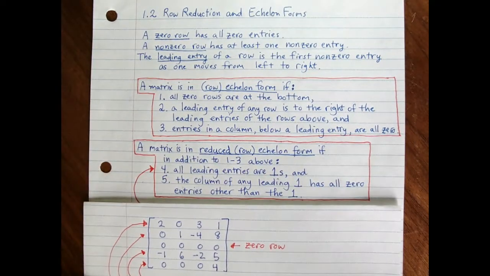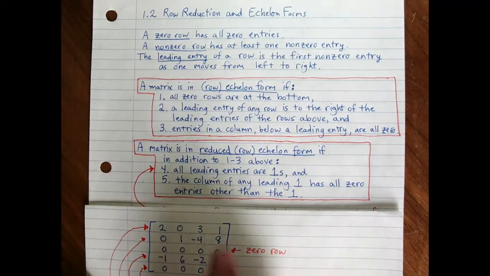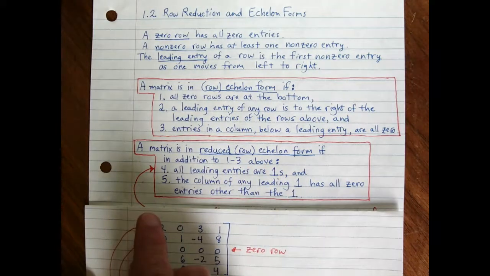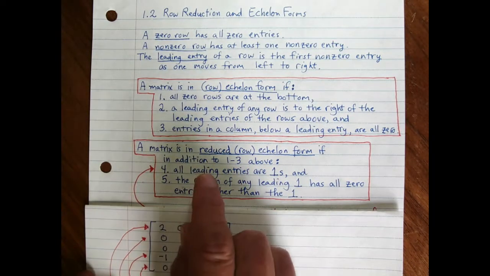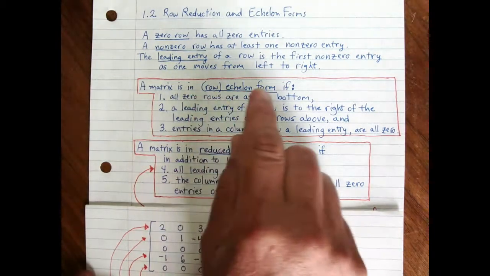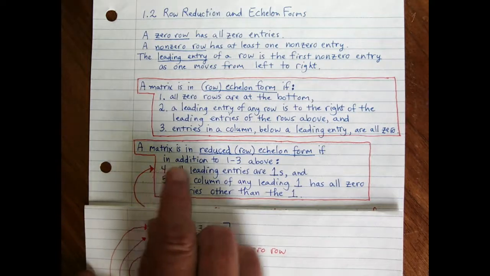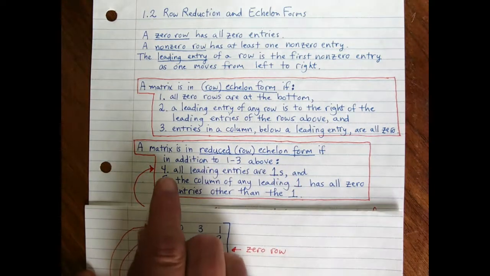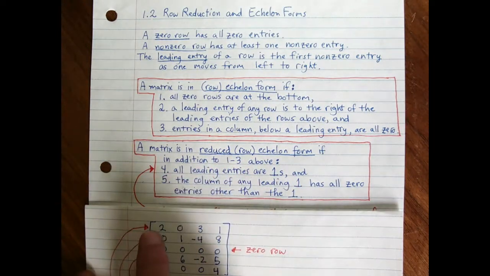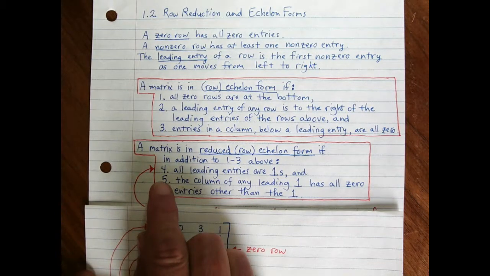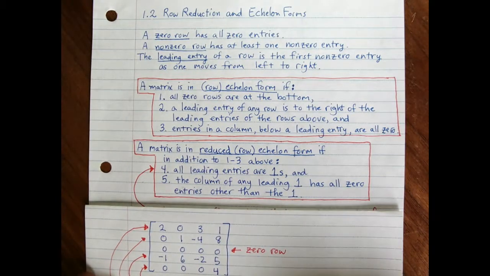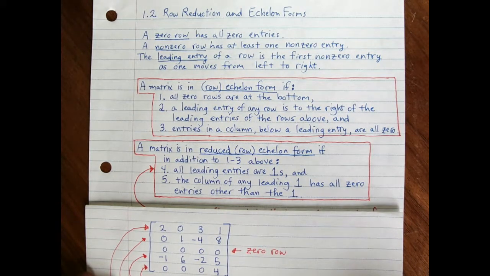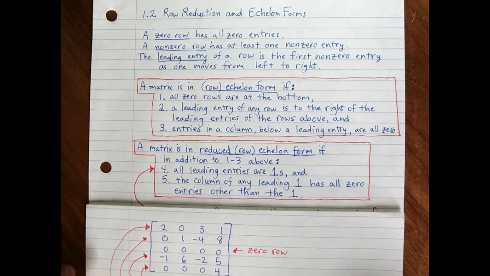There's another form we put a matrix in called reduced row echelon form. And so this is a little bit further along from the row echelon form up above. A matrix is in reduced row echelon form if, in addition to 1 through 3 above, we have 4, all leading entries are 1s, and 5, the column of any leading 1 has all zero entries other than the 1.